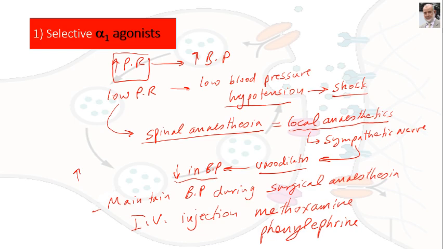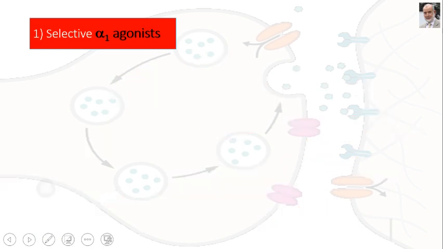Some people suffer from what is known as chronic orthostatic hypotension, where, once they stand up, they suffer from dizziness because of the lower blood pressure while standing. These people are usually given the orally active alpha-1 agonist midodrine.